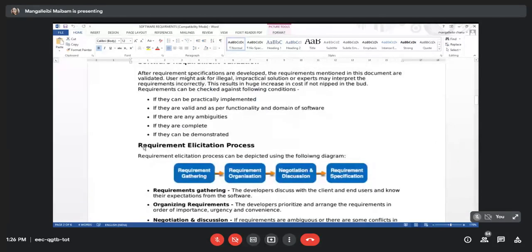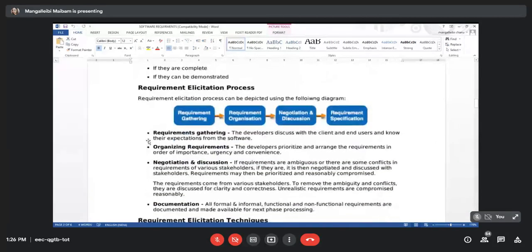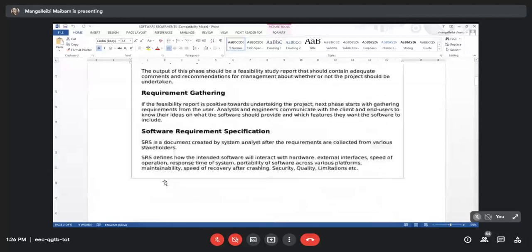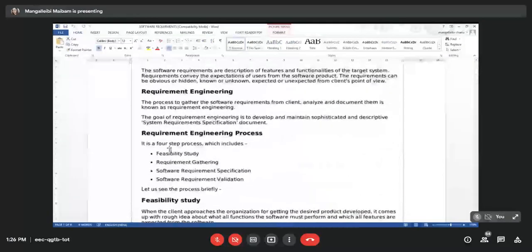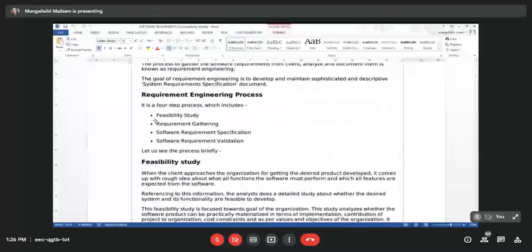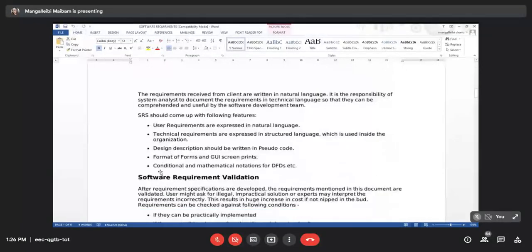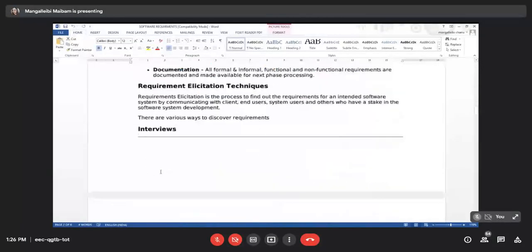So here, in the requirement elicitation process, again we have 4 steps. Now for the first, the requirement engineering process, we have 4 steps. Now another one is there, requirement elicitation techniques. We have certain techniques for requirement elicitation. We will discuss that one.